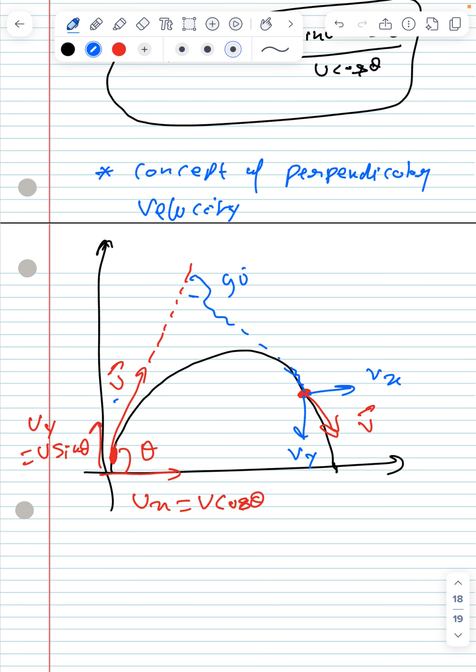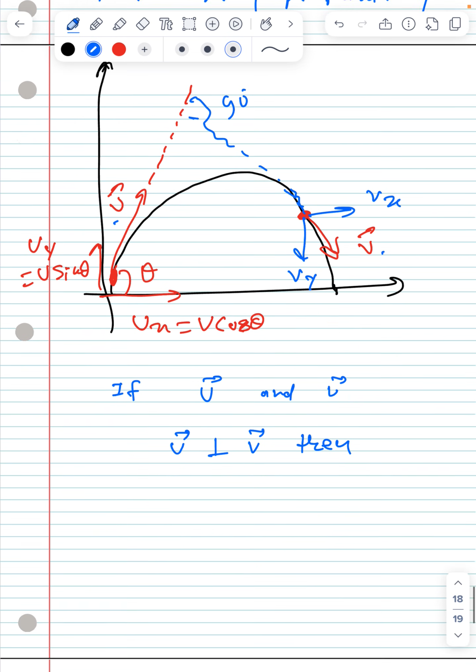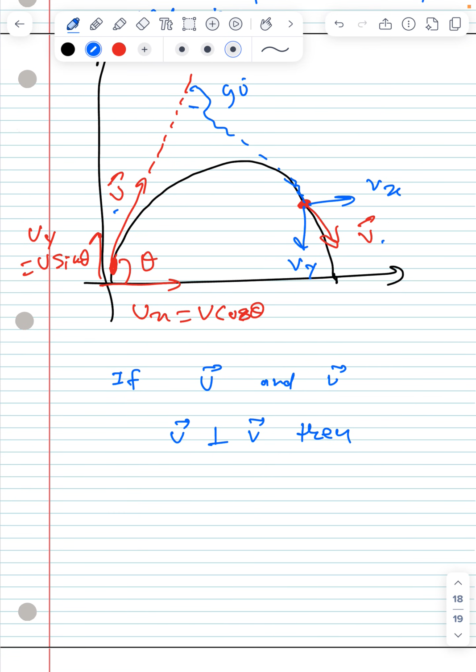This is the direction of this velocity. Some time later the particle reaches this point, where the velocity vector is v with components vx and vy, and the direction of projectile velocity is along this.